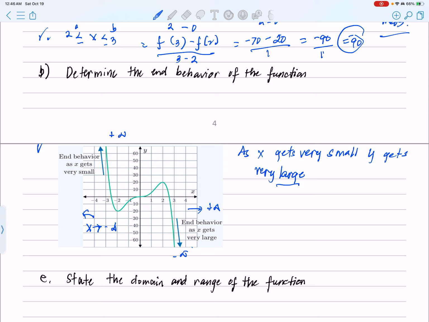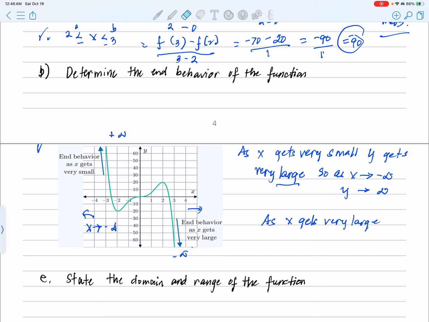That's why it becomes very large. So as x approaches negative infinity, y is positive infinity.